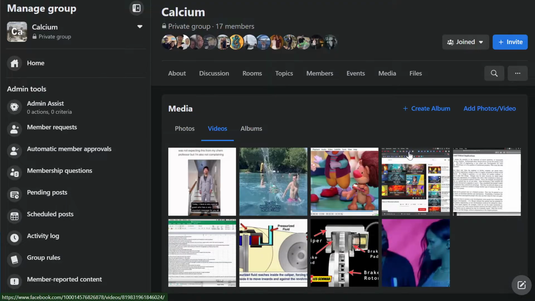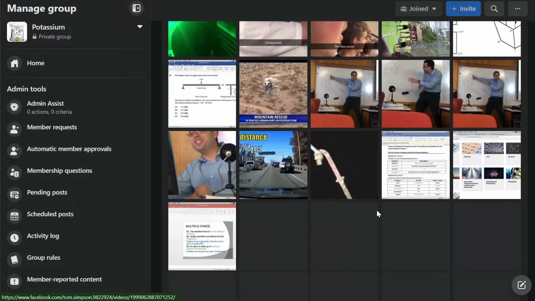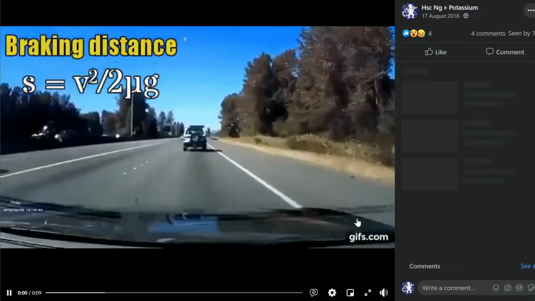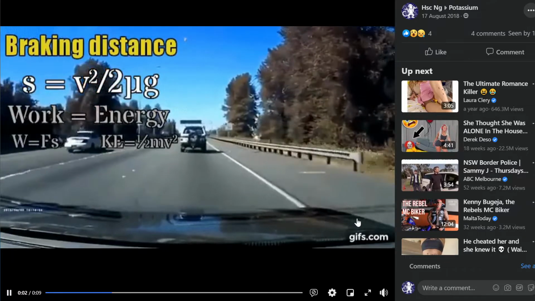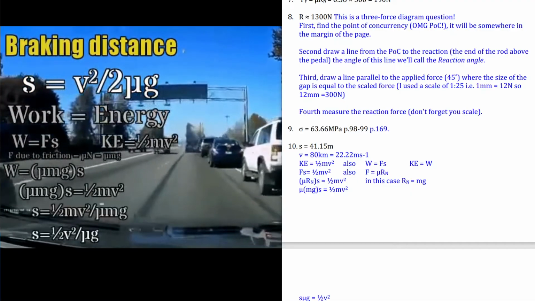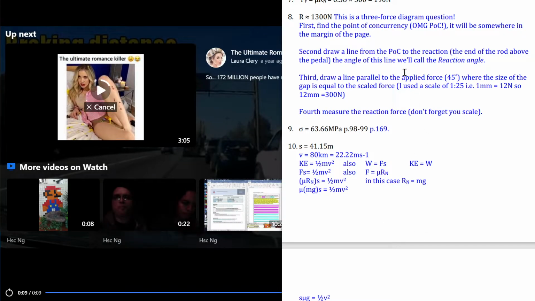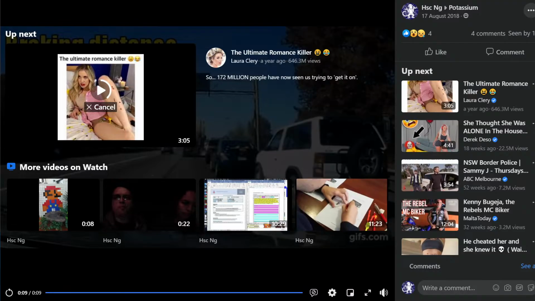Calcium. No, older still. Potassium. Here we go. Okay, so this is how we work out stopping distances. They do talk about this in the book. Am I going to duplicate this again? I really need to put in an ad blocker because I don't need that ad.